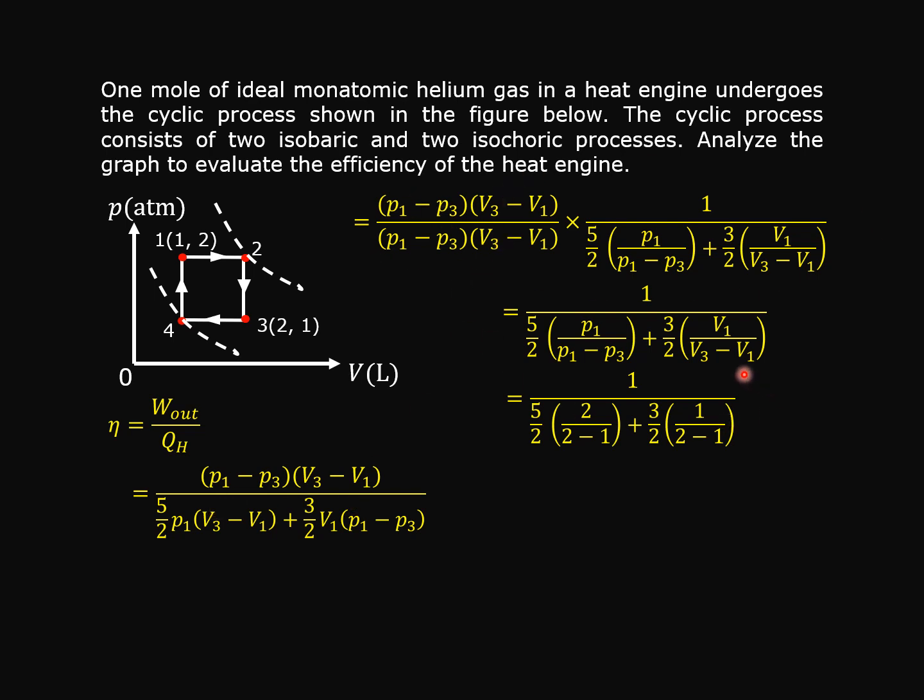It is easier for us to do the value substitutions if we factorize this numerator and change this form into this form. The answer we obtained for the efficiency of the heat engine is 2/13, which is 0.1538, approximately equal to 15.4%.